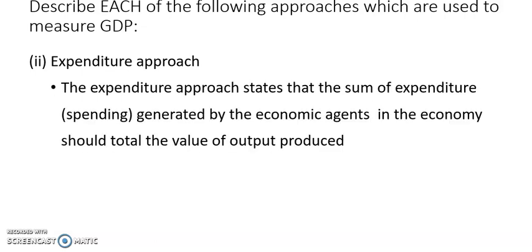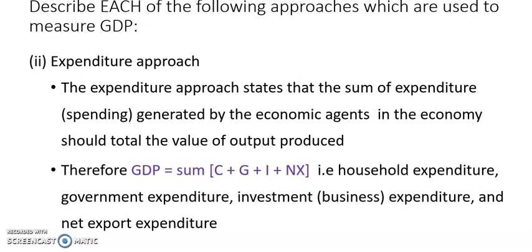is the sum of all the spending generated by the economic agents, right? The people who own the factors of production within that economy. And that should also total the value of the output produced. So in other words, your expenditure approach should give you the same answer as your income approach. So how do we then measure the expenditure?